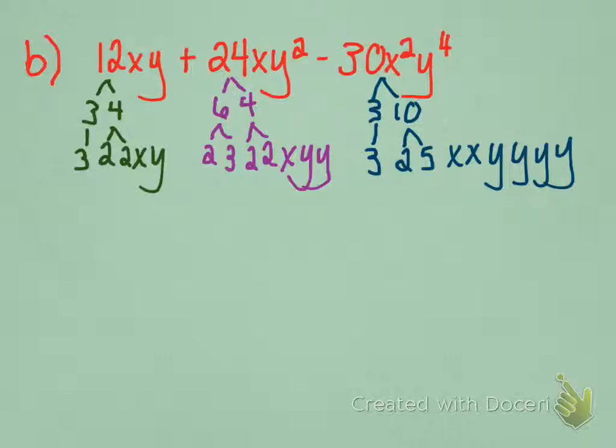So they have one set of 3. Each one of them has to have it, not just 2. They have one set of 2. They have 1x and 1y.